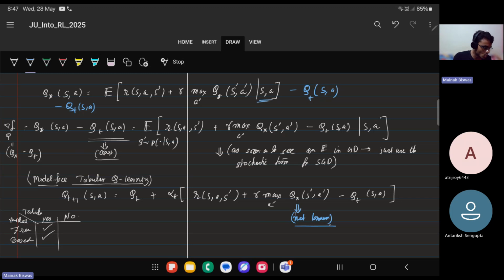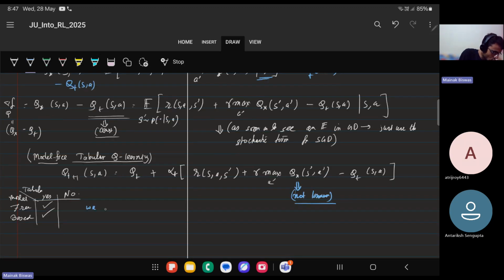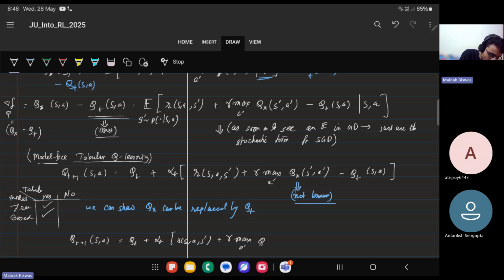But we will show, in fact we can show, that Q star can be replaced by Q_t: Q_{t+1}(s,a) = Q_t(s,a) + alpha_t [ r(s,a,s') + gamma max over a' of Q_t(s',a') - Q_t(s,a) ]. And still this algorithm converges as t tends to infinity to Q star.